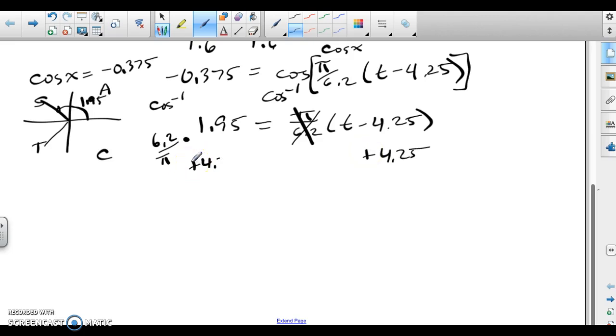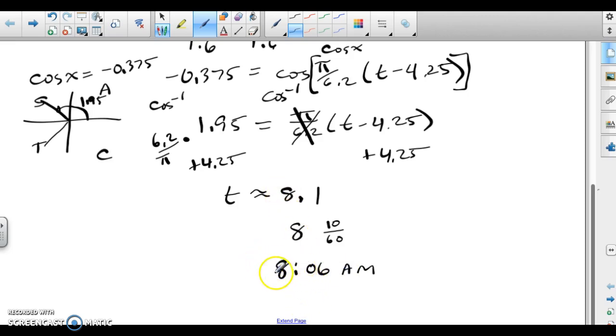Just do that in your calculator, and you end up getting that t is about 8.1. And since we have 0.1, that's in terms of 0.1 of an hour, so that's 8 and 10 out of 60. So we're saying that this is occurring at basically 8:06. And since this is 8, this is 8 a.m.